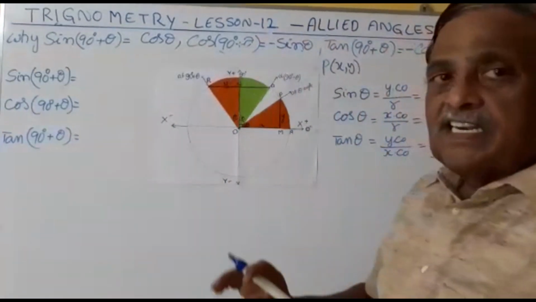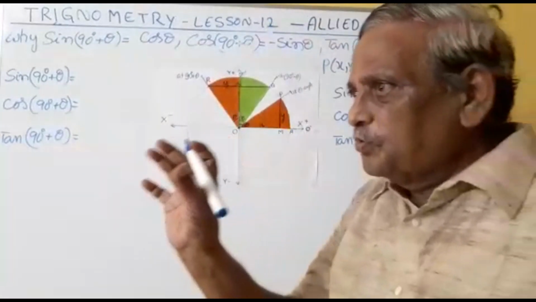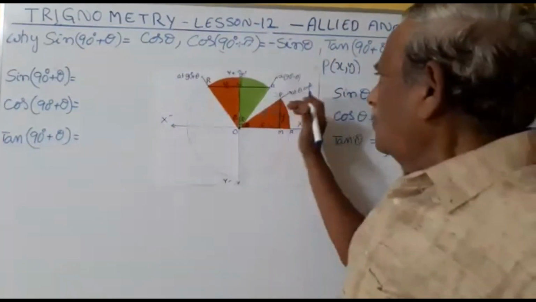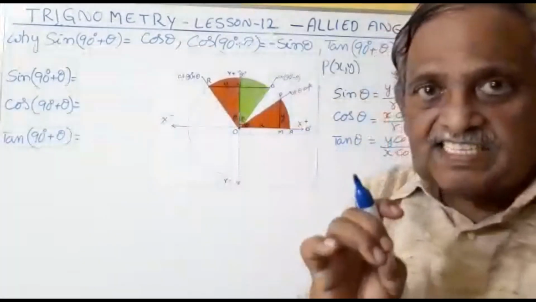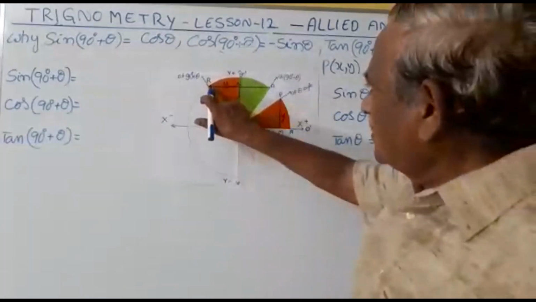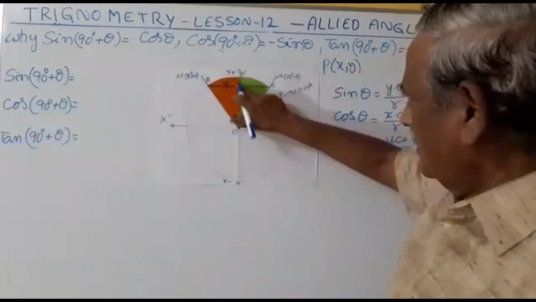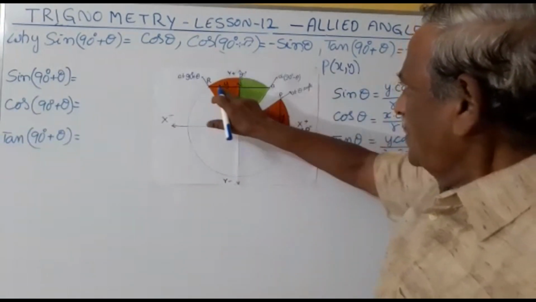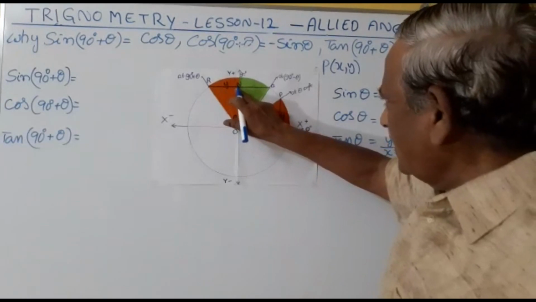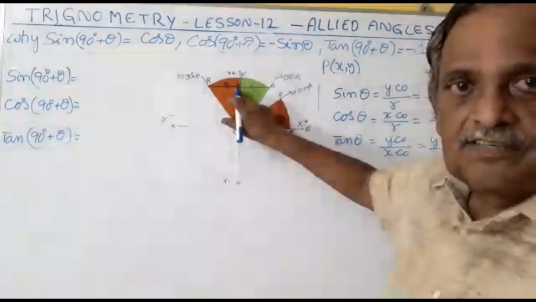The horizontal distance from the point R to the y-axis is taken as the x coordinate.